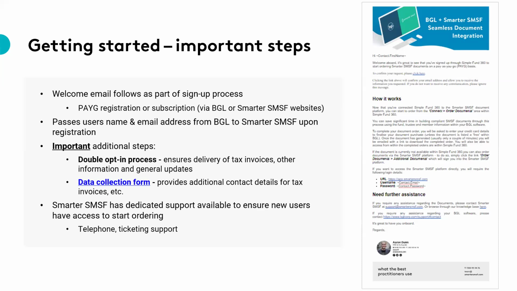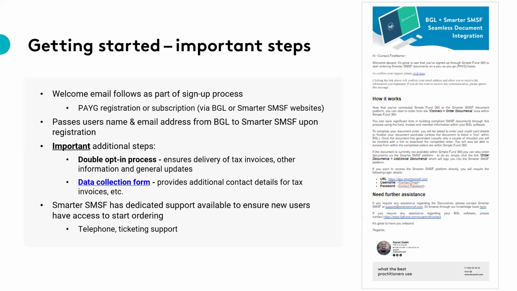So the important next step from our side is that we need you to do 2 things. One is we need to ensure that the double opt-in process from an email marketing point of view has been completed. Why is that important?